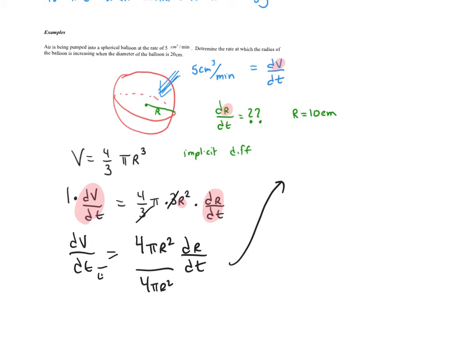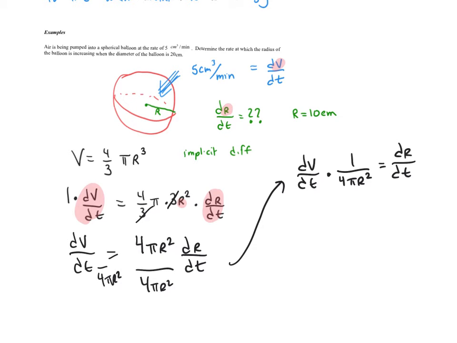So dr/dt is going to equal dV/dt, and since I'm dividing on this other side, I'm just going to write it as 1/(4 pi r squared). So we have the missing rate we want.